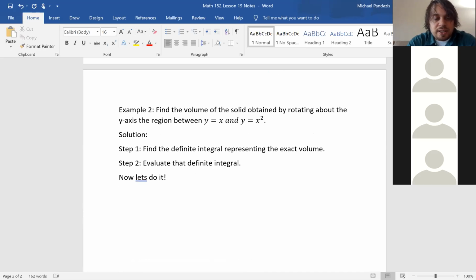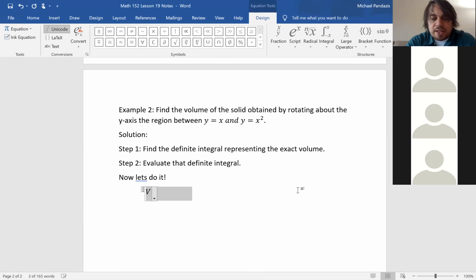Okay, so the volume is equal to the definite integral from 0 to 1 of 2 pi x f of x dx.